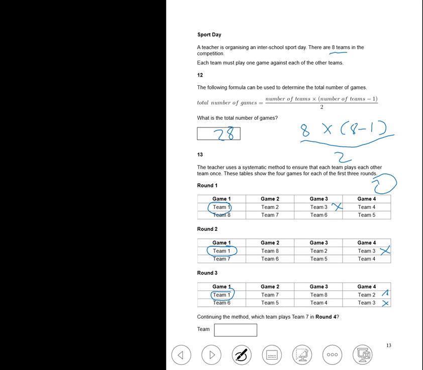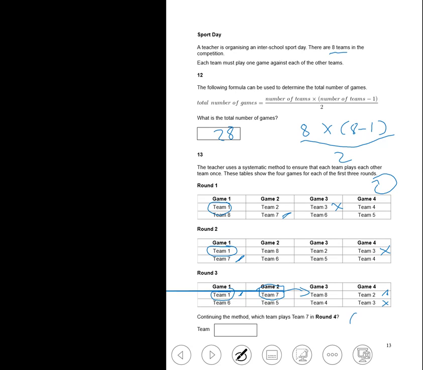So we just need to see where team 7 will go and what that will end up meaning. So team 7 is here, and then it goes here, and then it skips team 1 because team 1 is always in the same spot. So there is where team 7 is, and it's next going to go to game 3.